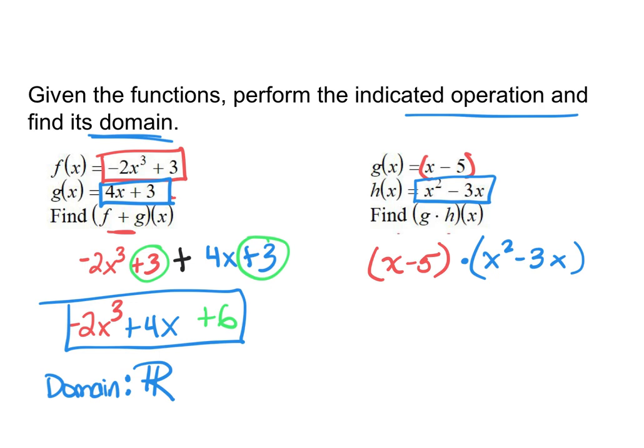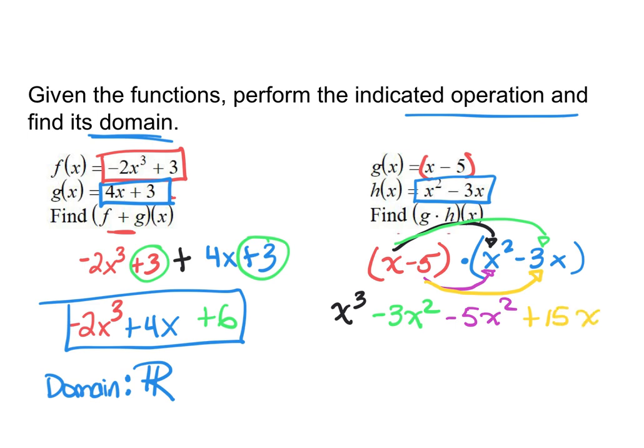So I'm going to have x times x squared, which is x to the third, x times negative 3x, which is negative 3x squared, negative 5 times x squared, which is negative 5x squared, negative 5 times negative 3, which is positive 15x.